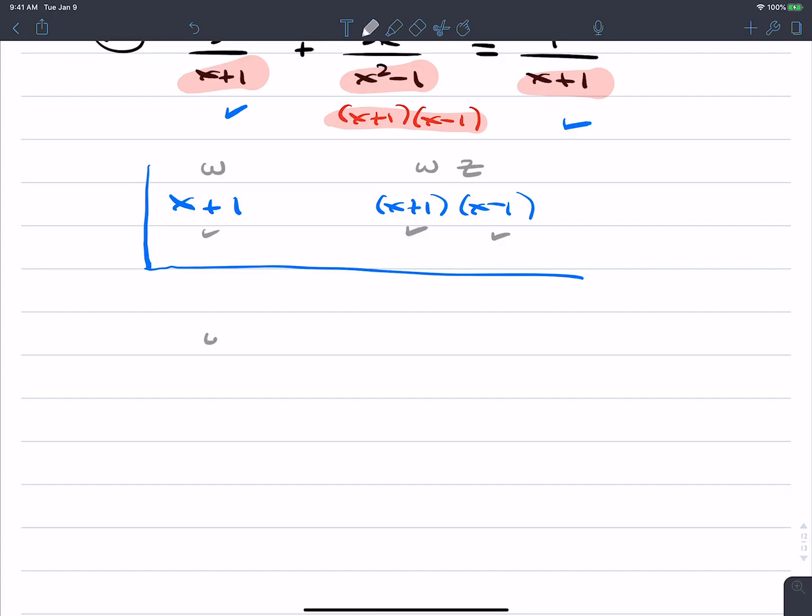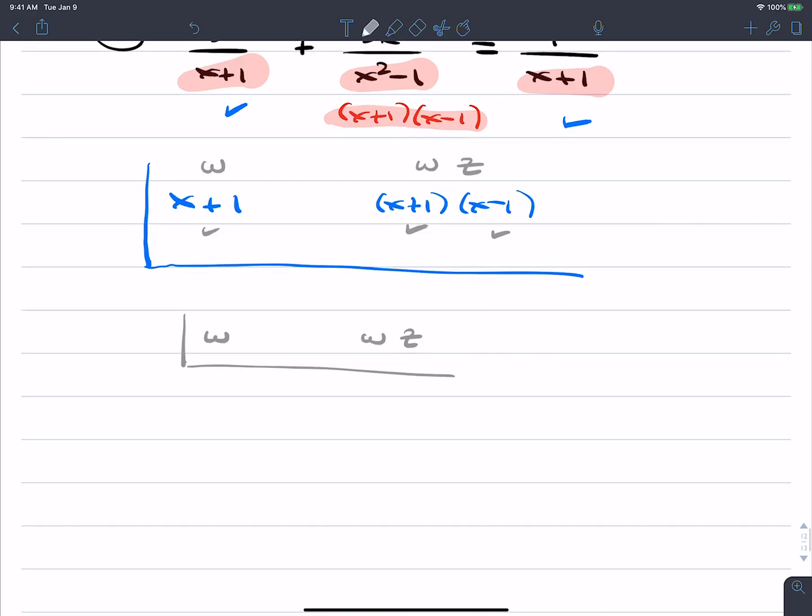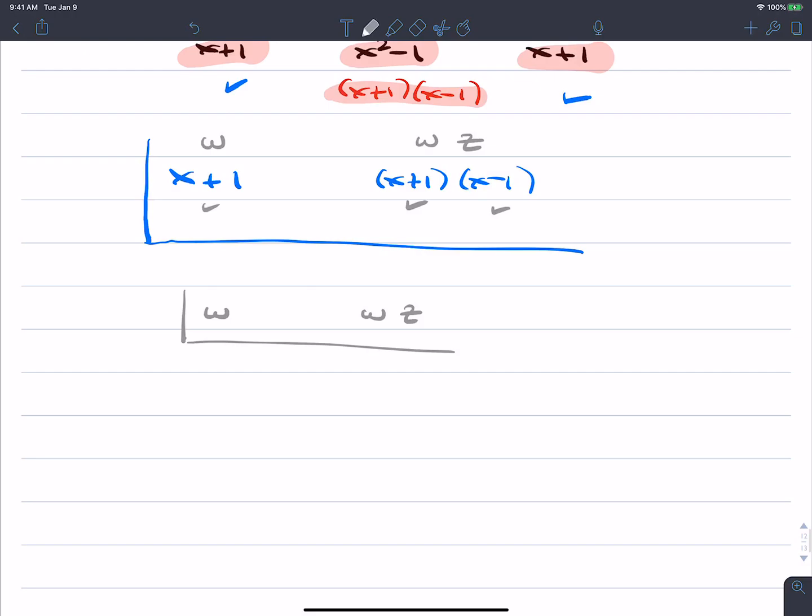So you can say, if I want to find the LCM of W and WZ, I want to go through that procedure here, right? By having a prime that divides, goes into both of these terms with a 0 remainder. What do you think that's going to be? Which prime would work? W, okay.